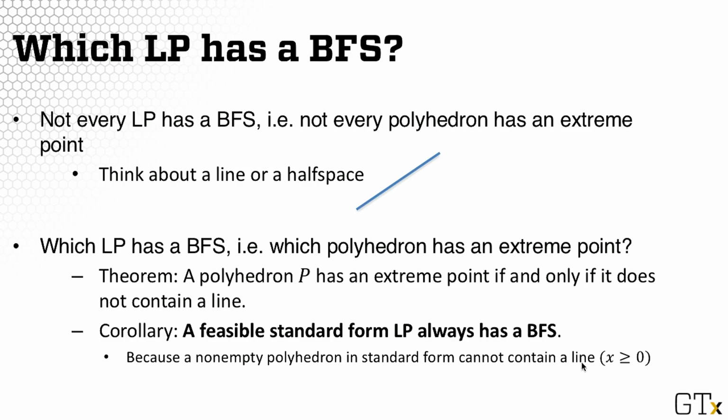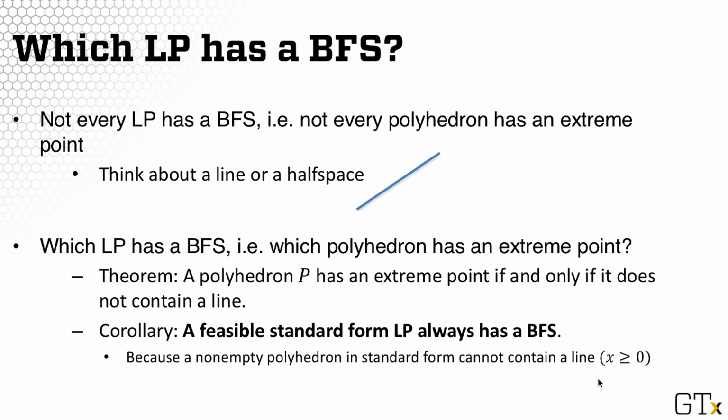So why is that? Because the non-negativity constraint. X need to be greater than or equal to 0. So if assume there is a line in this standard form LP polyhedron, then because it's a line, so on that line, the point can go to positive infinity and also negative infinity.